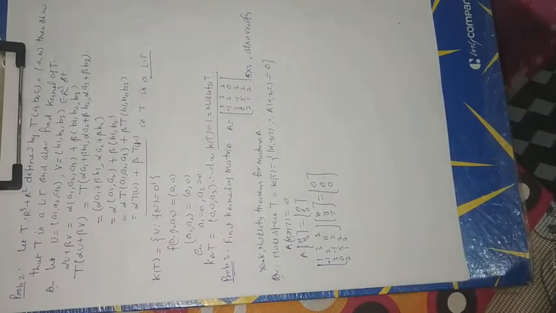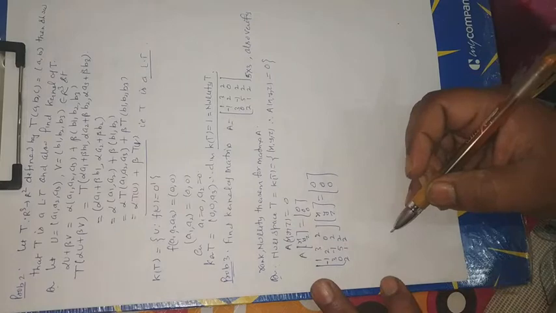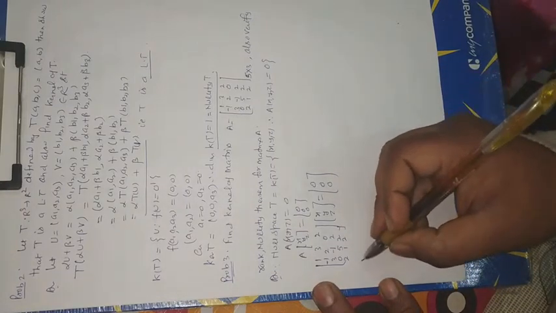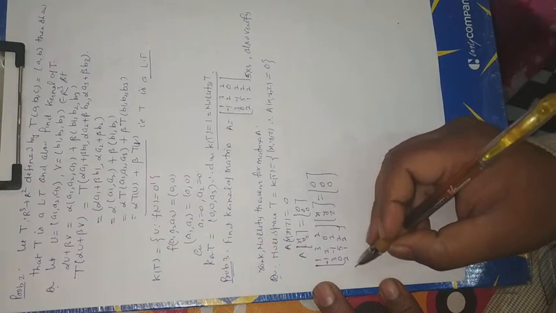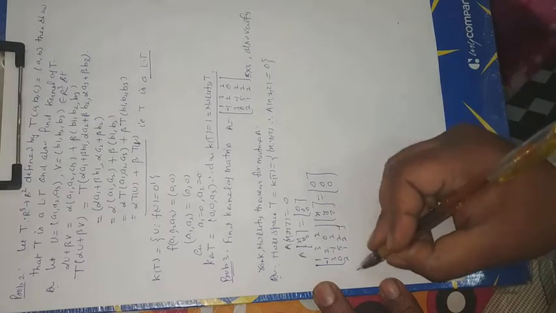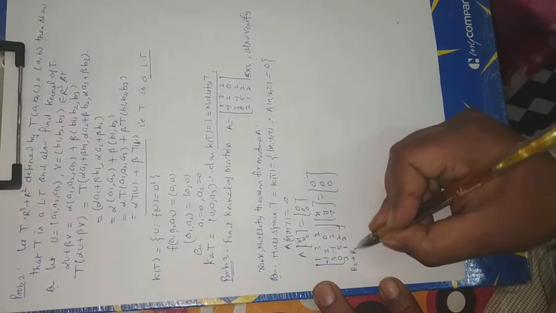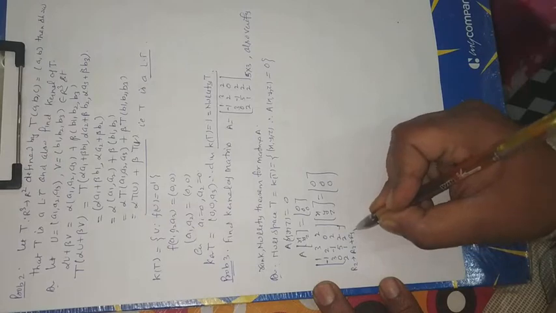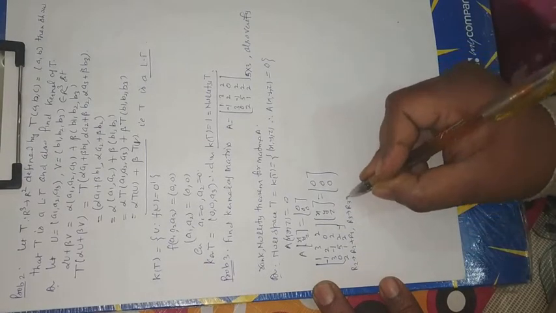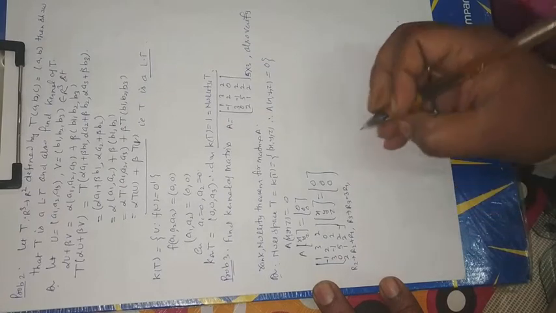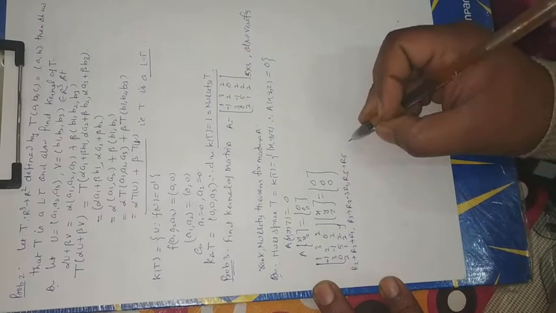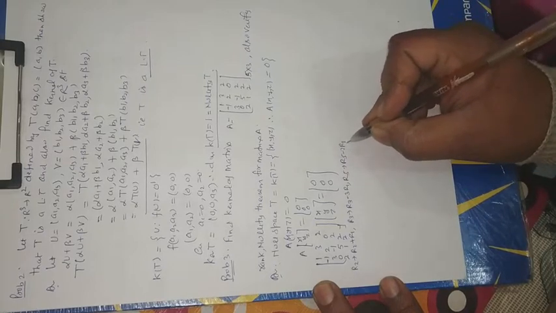Okay, student. For solution of this, we convert the matrix into echelon form. Now R2 is equal to R2 plus R1, R3 is equal to R3 minus 3R1. Now R5 is equal to R5 minus 2R1.